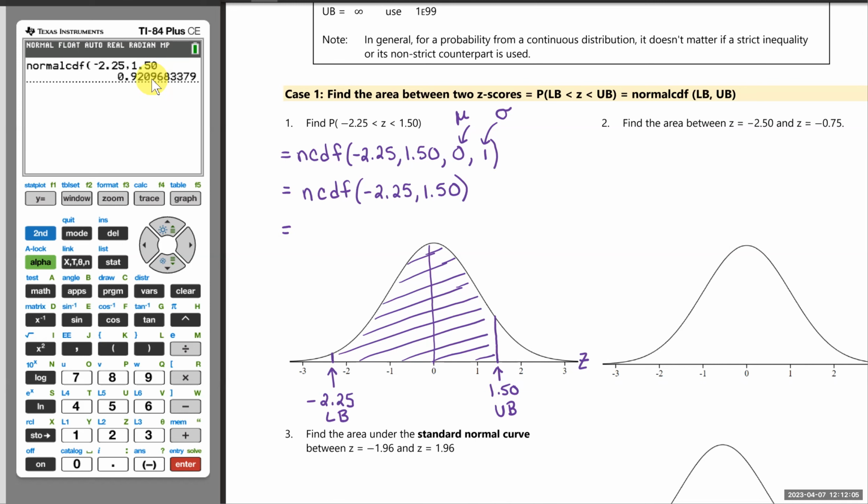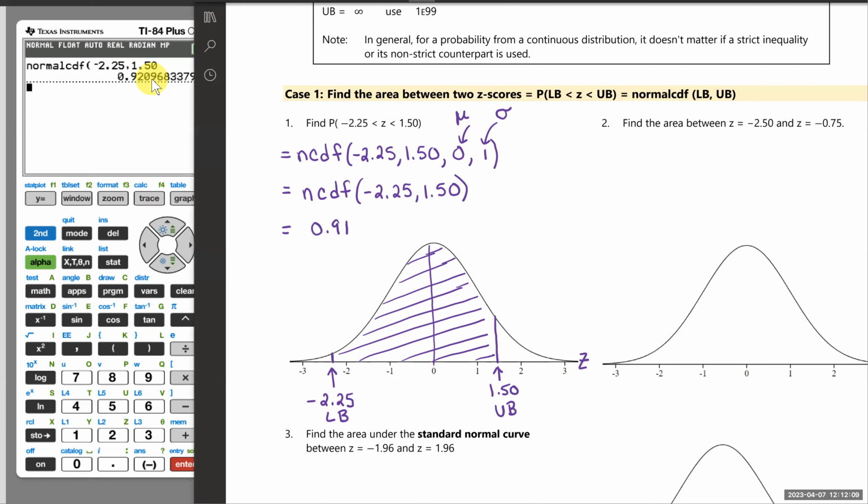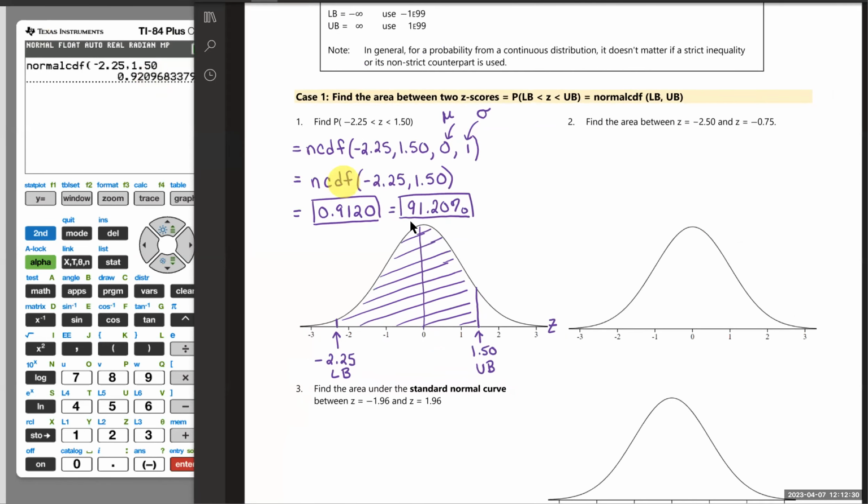So that will be 0.9210. And we'll tend to stay in decimal here, but I'm just going to put this as a percentage as well. So what I've just shaded on that picture is 91.20% of that bell. So not 100%. There's still some area over here and over here, but I've shaded a significant portion of that bell, 91.20% of it.